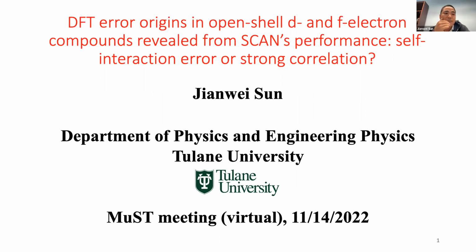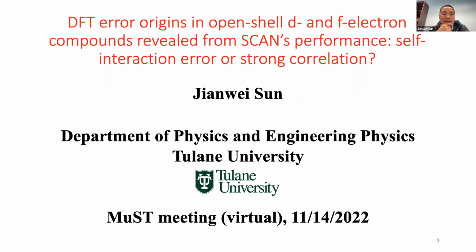Two major errors in DFT calculations: one is self-interaction error, which I think we understand very well. Another one is strong correlation, which I think is still up for debate. There are still many things we are not so sure about.